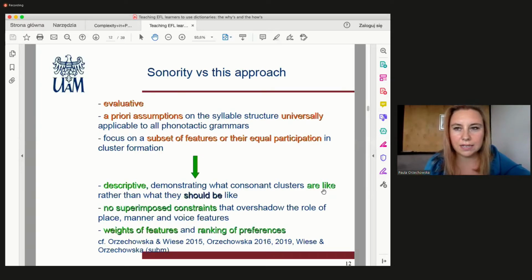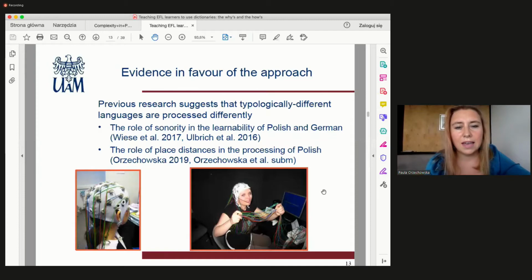Okay, so this idea has been elaborated on in my previous work, also with collaborators, but it gets good support from various research, also psycholinguistic and neurolinguistic research, when we know, for example, that the same set of stimuli are processed differently by Polish brains and German brains. How is that possible?